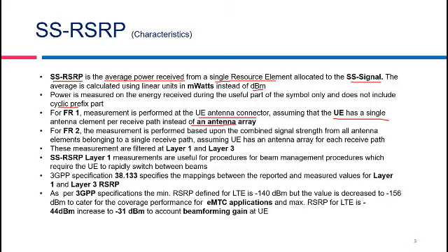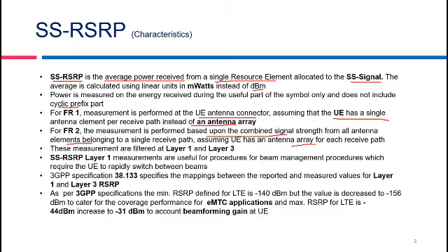For FR2, which has higher frequencies, or we can say millimeter waves, this measurement is performed based upon the combined signal strength received on all antenna ports. And here the assumption is that the UE has an array of antennas on each receive path.